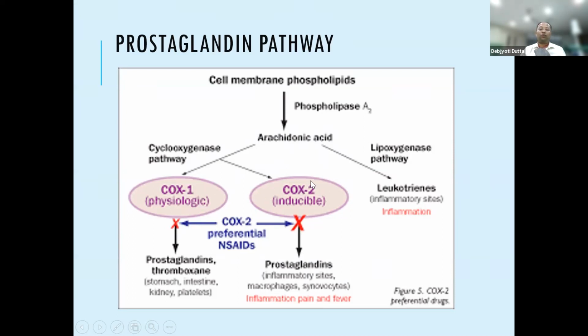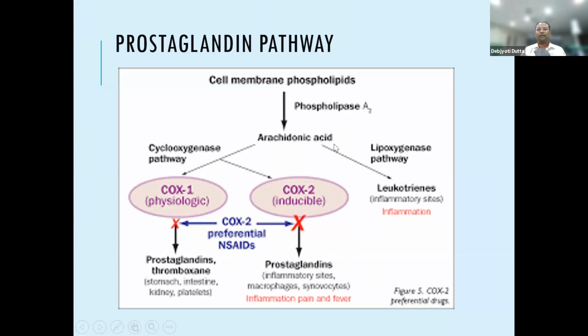Though our target should have been only COX-2 inhibition and not COX-1, because COX-1 is physiological. I mean, it produces some useful prostaglandins, but the harmful prostaglandins are mainly produced by COX-2. So anyway, this arachidonic acid to prostaglandin pathway is blocked by NSAIDs.